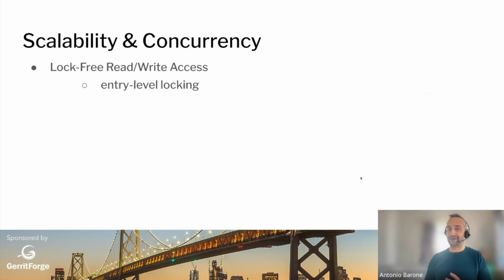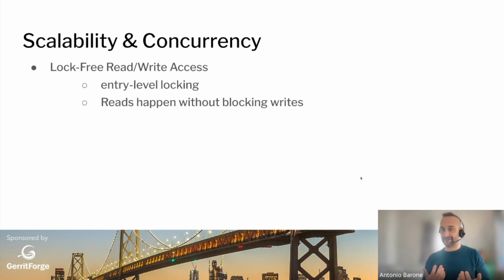Instead of locking the entire data structure, it only locks the specific entry that is being updated. And this allows entries to be read and written simultaneously, so reads can happen without blocking the writes.